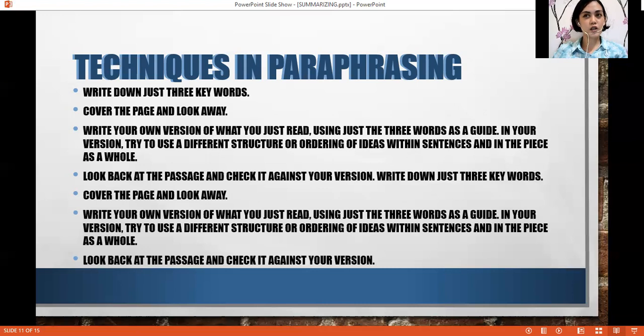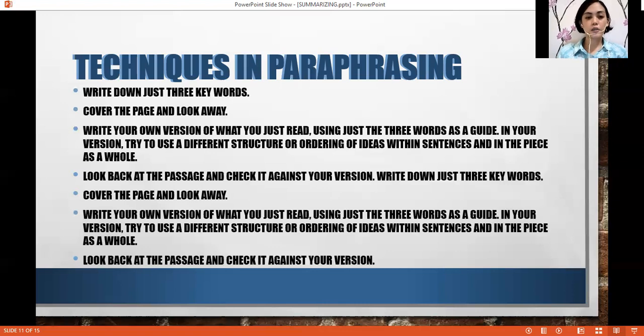So you can start with your subject. Going to school was the first subject. You can transpose it so that your subject would be the teenagers instead of going to school. You're going to have a different version of it in your own words.